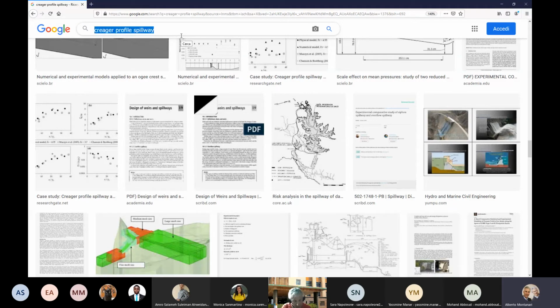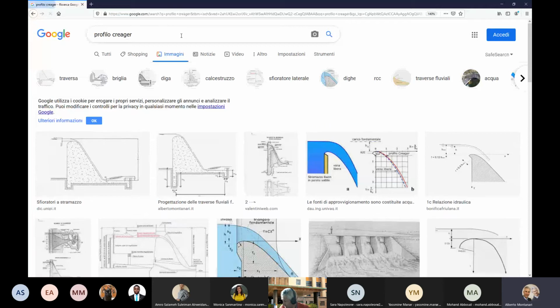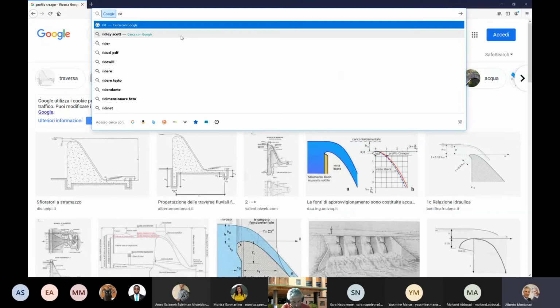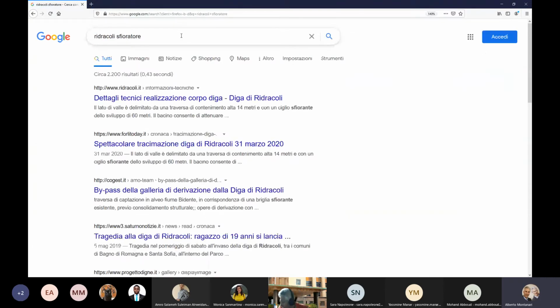Okay, let me see if I can find first in Italian. Maybe in Italian there are not more pictures, but let me search for Ridracoli Sfioratore, which is the Italian word for spillway. Just 1 second, pictures.